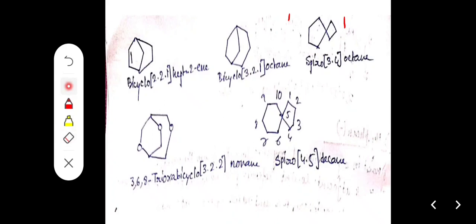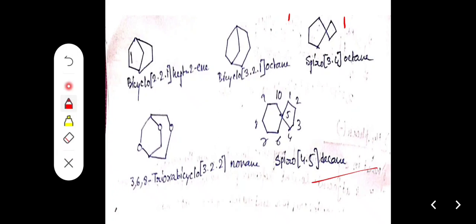Another example is this. Okay, other examples are this. That is spiro 4.5 decane, because this is 1, 2, 3, 4, 5, 6, 7, 8, 9, 10, there must be 10 carbon atoms, so we get decane.